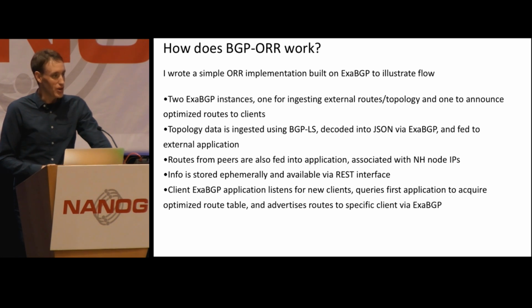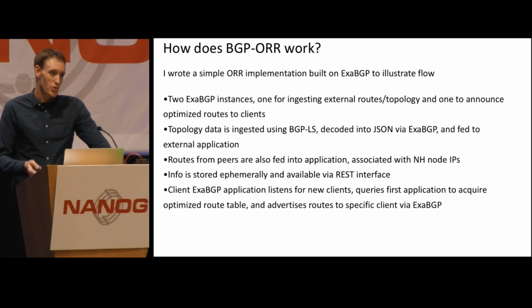And just to familiarize myself with ORR and how things work, it was fairly simple to write a couple of applications that used ExaBGP. So I basically have an application that ingests all of the topology data, the peering routes, and all of that data. And then there's another application that is used to do the announcements to the clients.